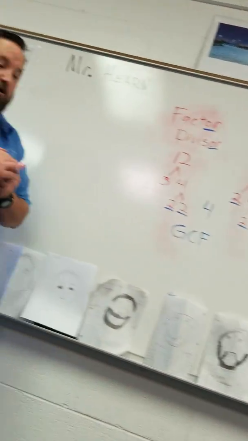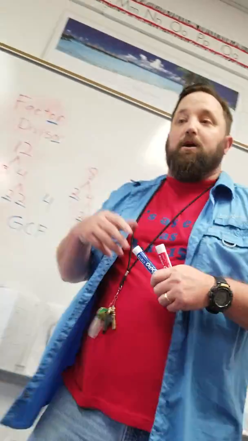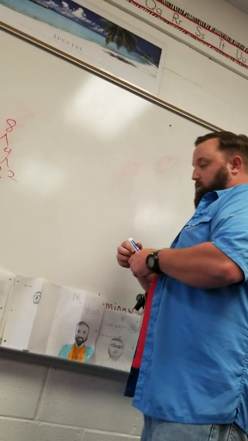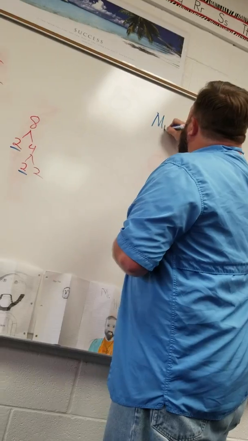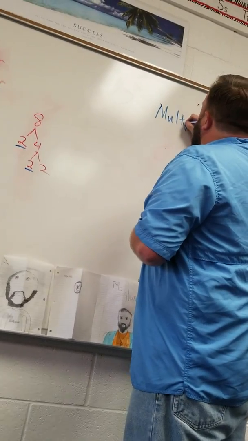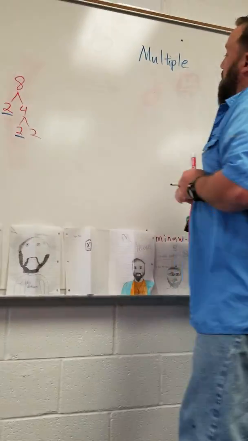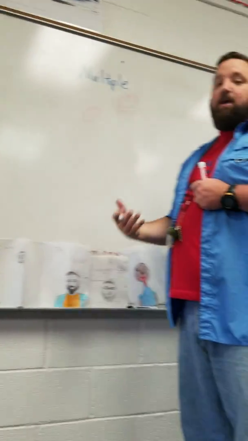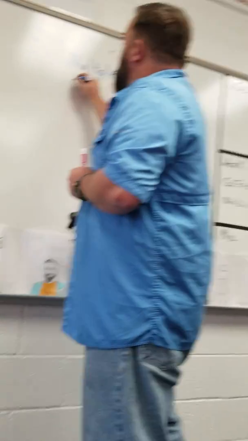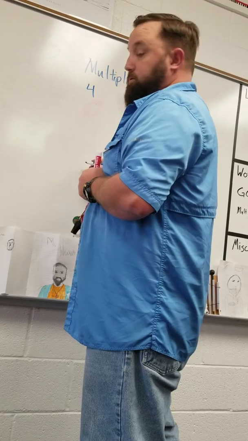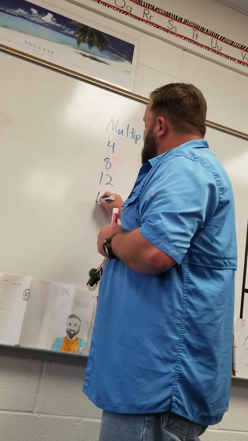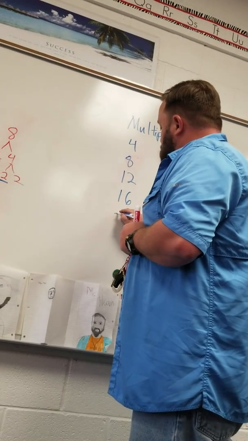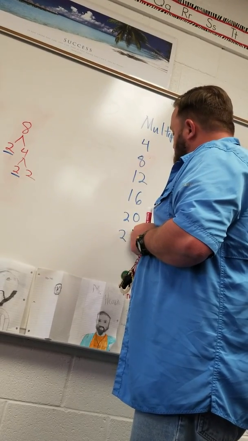Now, if I'm looking for multiples, I'm talking about numbers when I multiply. So let's look at multiples. When we're talking about multiples, there's an I in there. Let's say the number 4. Multiples of the number 4: if I start with 4, I go 4, 8, 12, 16, 20, 24, and so on.